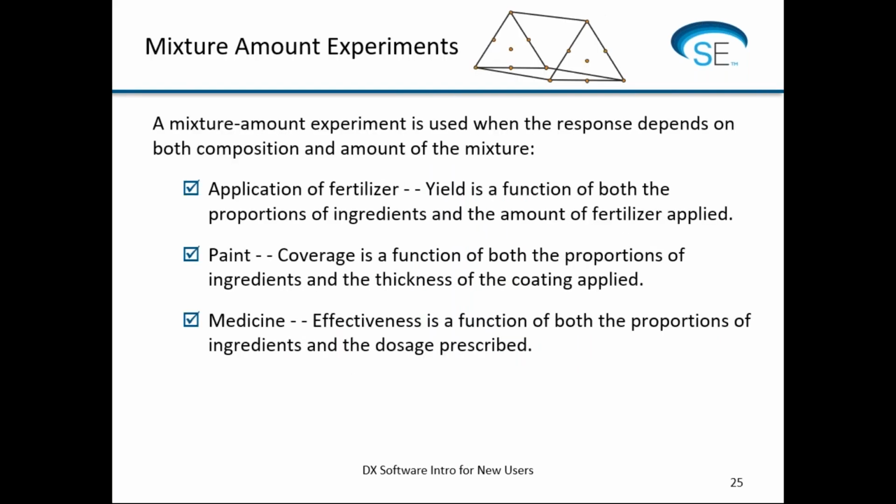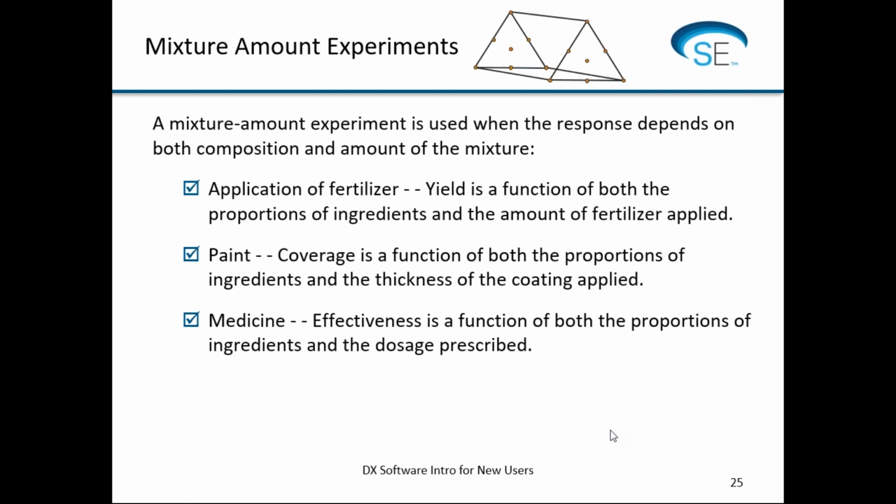So what we're going to do is work with a mixture and an amount experiment. We're going to go right past just a pure mixture experiment, to an even more complicated one where we're going to work with mixtures, but then we're going to have a process factor called amount. For example, fertilizer, where the yield of a crop might be a function of both the proportions of the ingredients in the fertilizer and the absolute quantity used, right?